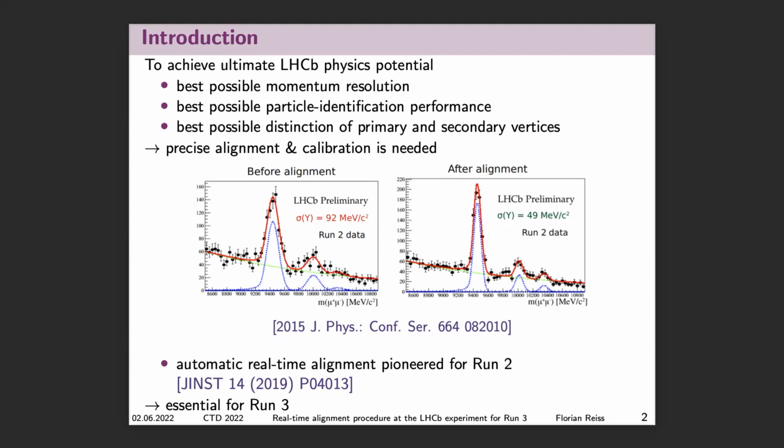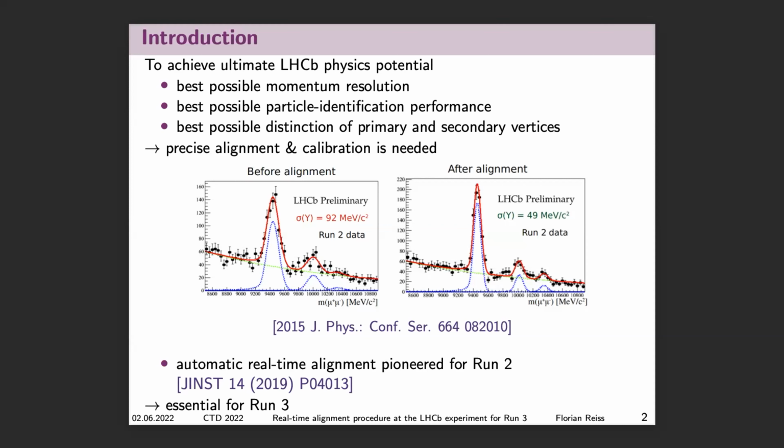Just to give an example from Run 2 data, you can see on the left the width of the Upsilon resonance reconstructed in the dimuon final states before the alignment, and then after you run the alignment procedure, you can see that the width is much smaller.